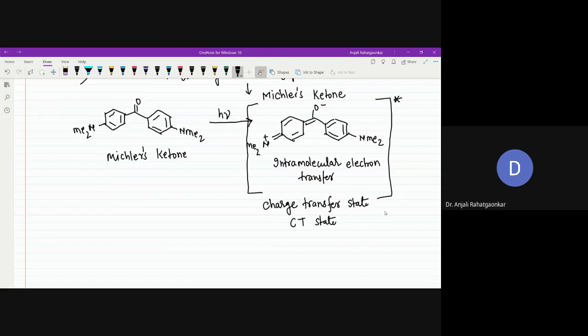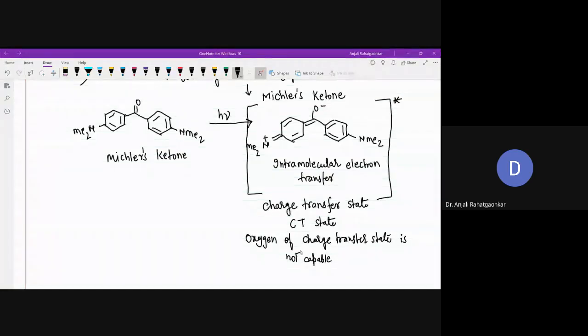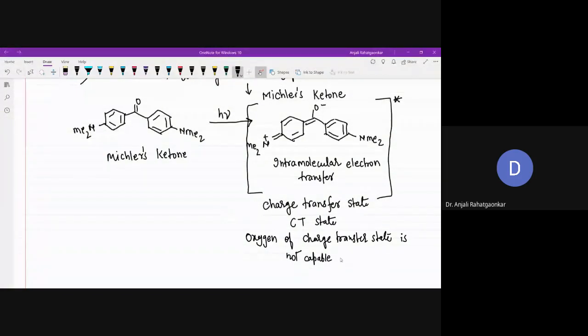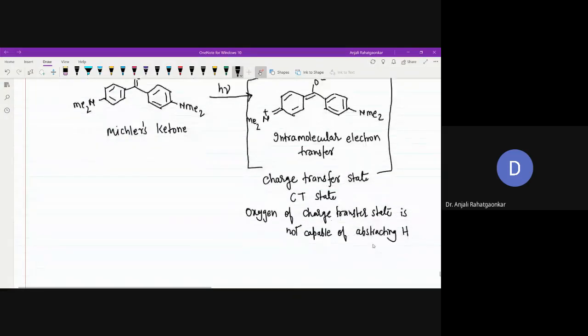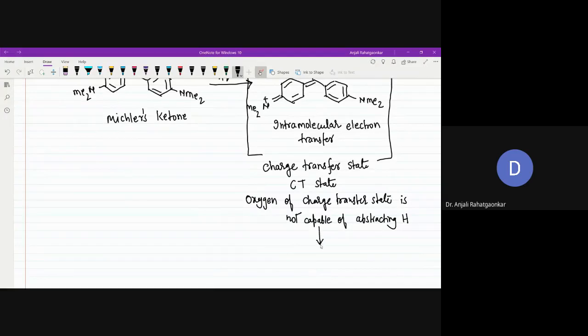Okay, now the oxygen of this charge transfer state is not capable of abstracting hydrogen, and again that's why photoreduction is not possible.